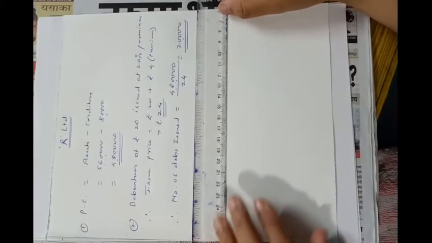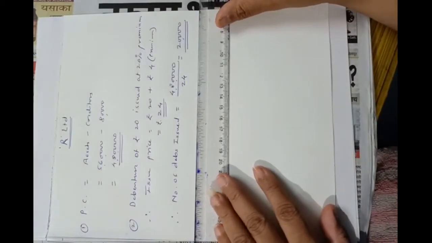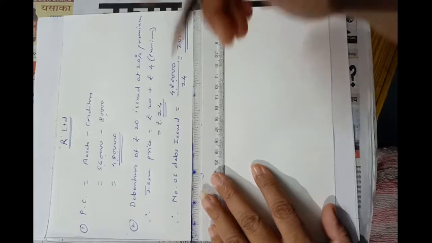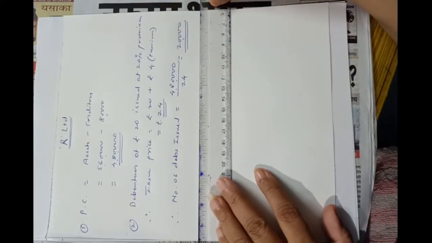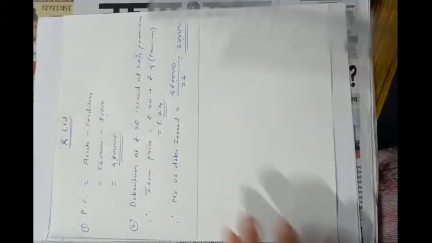Now we will pass journal entries. First journal entry will be of assets and liabilities taken over, and second journal entry will be of making payment to S Limited.